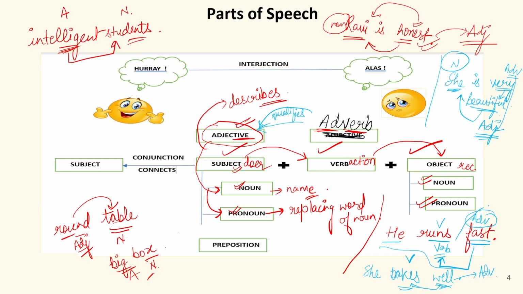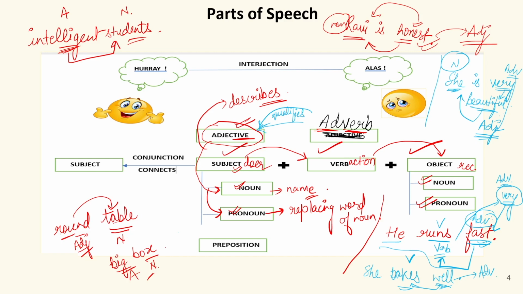Now, if I add a word very over here, he runs very fast. Now, very is qualifying the word fast, and fast is an adverb we have already discussed. So, very is qualifying the word adverb, that is fast. So, very is also an adverb. Now, from this, we can conclude that adverb is a word which qualifies adjective, verb, and adverb itself.